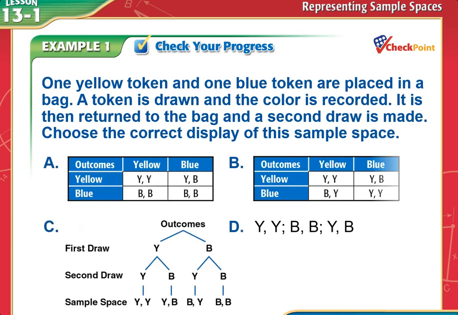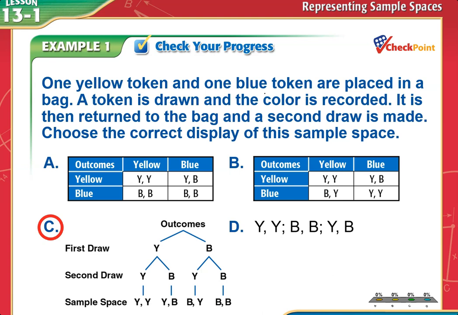Alright, check your progress. Go ahead and pause your video. Alright, so choose the correct display of this sample space. So we have YY, YB, BY, and BB. If you notice, the A and the B are missing something.